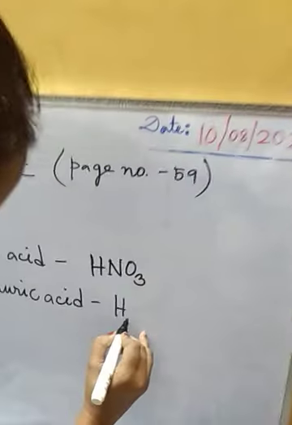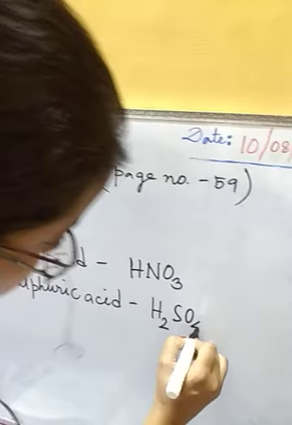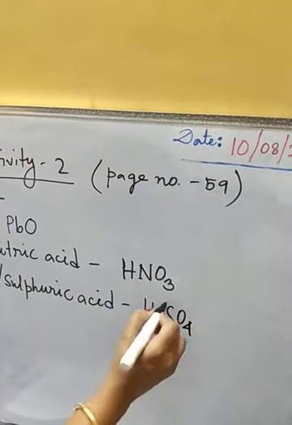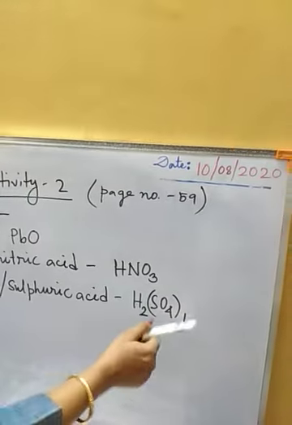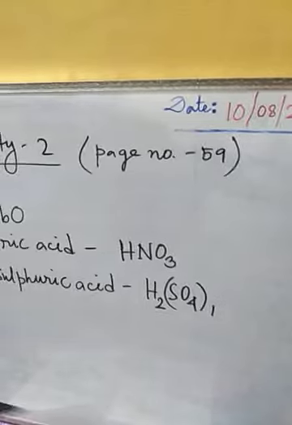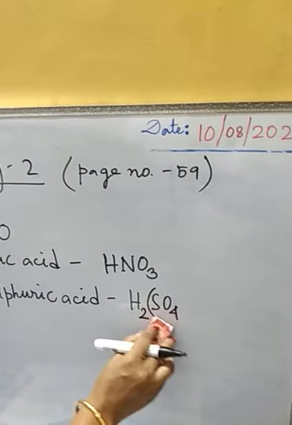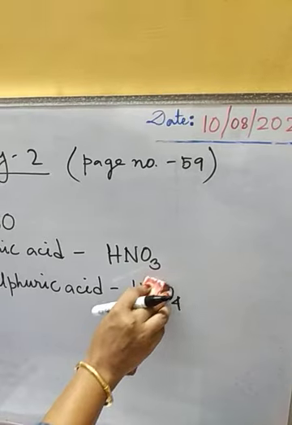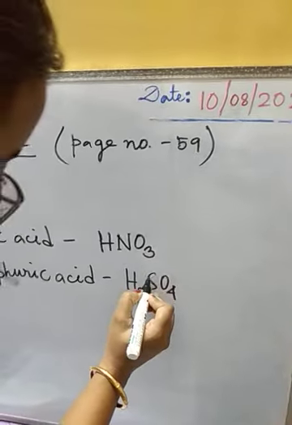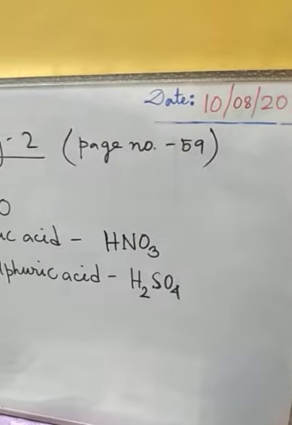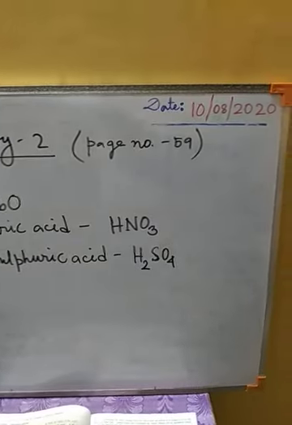So sulfate's valency will go to hydrogen and hydrogen's valency, that is 1, will go to sulfate. That means with the whole sulfate, SO4, it is 1. As we know, 1 we don't write, so no need to give the bracket as well. H2SO4. Okay, this is the formula of sulfuric acid.